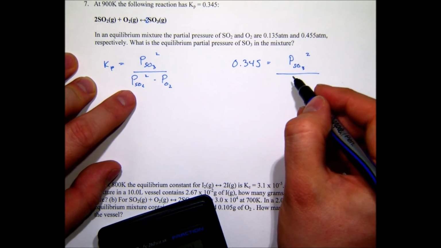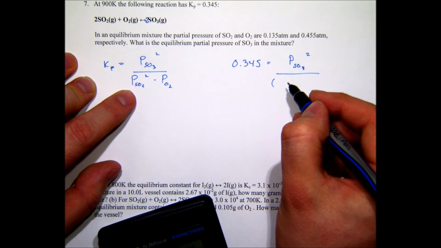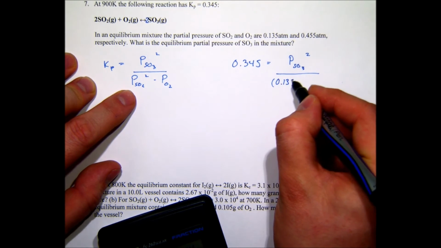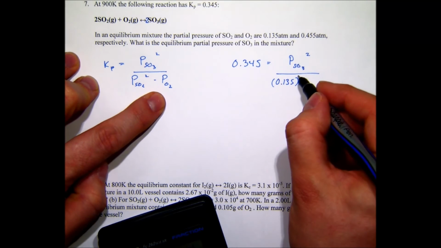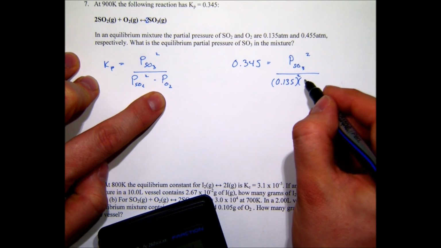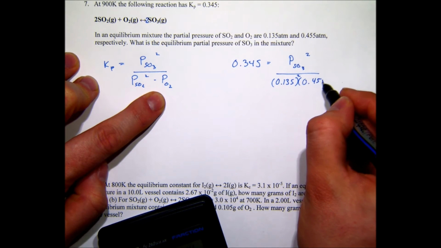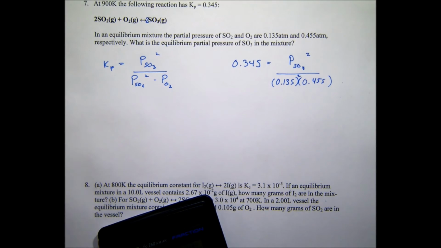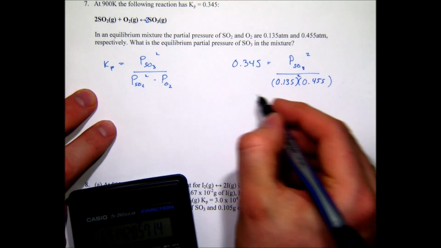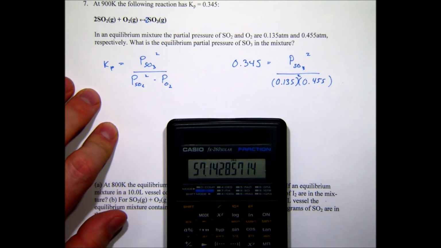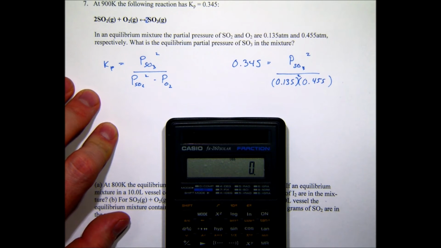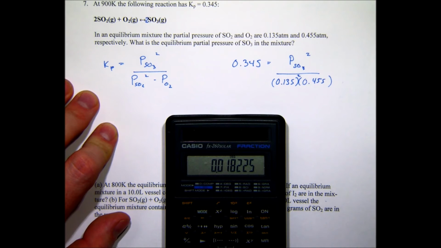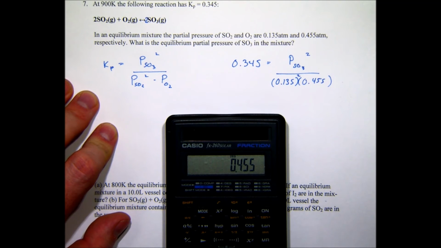We don't know what that is, but we do know the partial pressure of SO2, sorry, is 0.135 squared, and O2 is 0.455 as well. So we can go through this calculation pretty straightforwardly. 0.135 squared times 0.455.